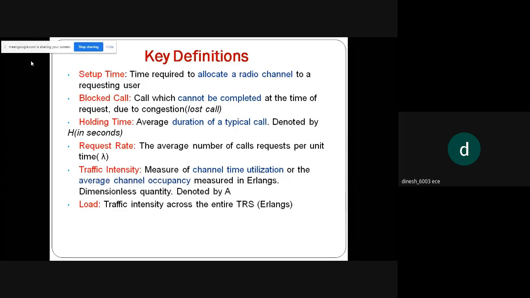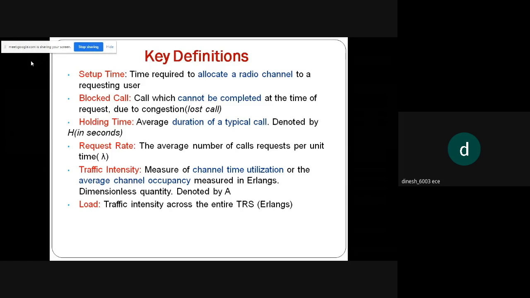So the time taken by the base station to respond to the mobile or the user to access a radio channel is called setup time. The time required to allocate a radio channel to a requesting user.